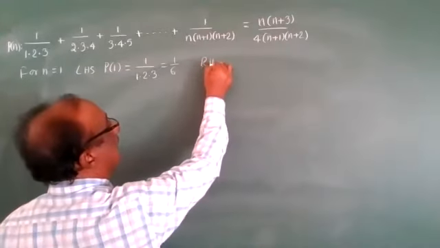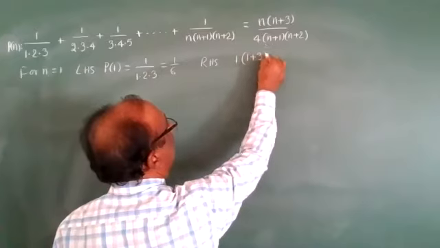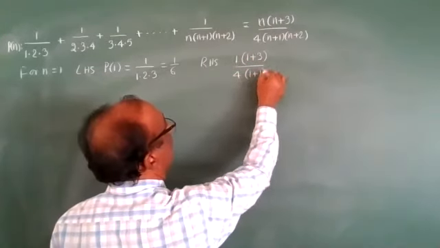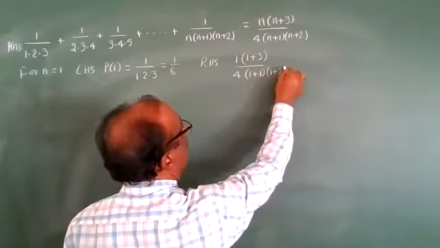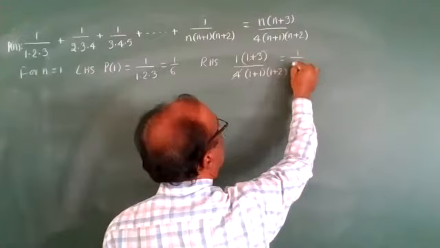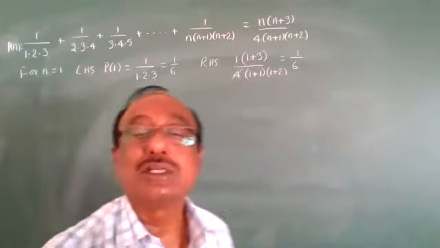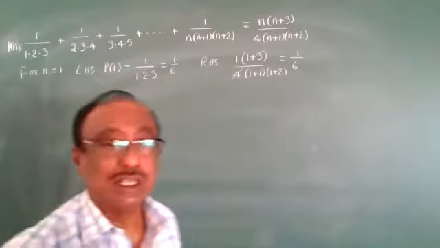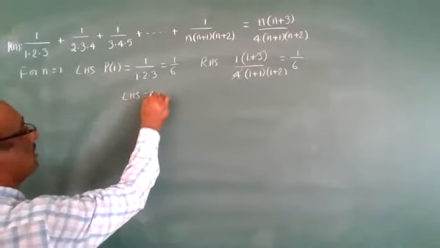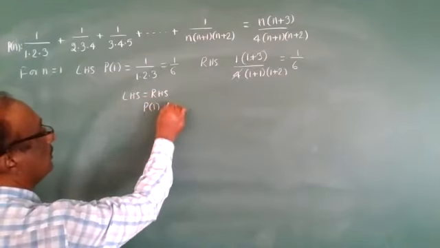Right hand side, place n as 1: 1 plus 3 upon 4 into 1 plus 1 into 1 plus 2. 1 plus 3 is 4, cancel. 1 by 6. LHS is equal to RHS. Very good. P of 1 is true.